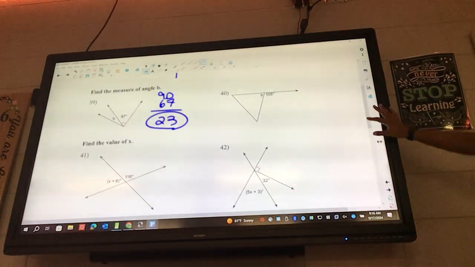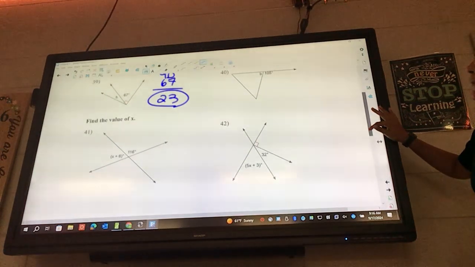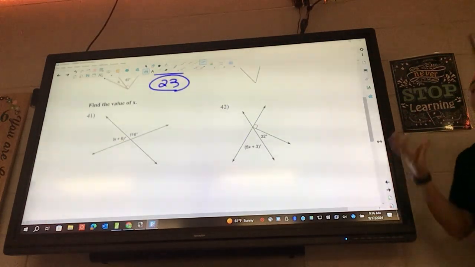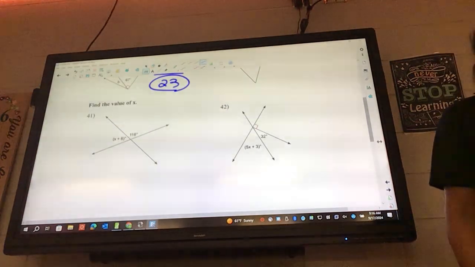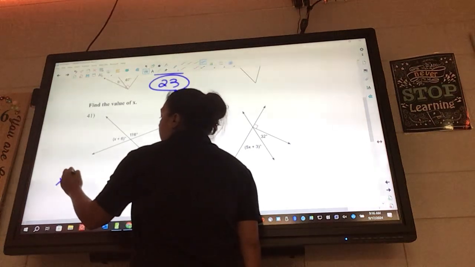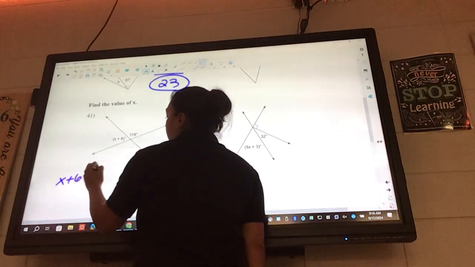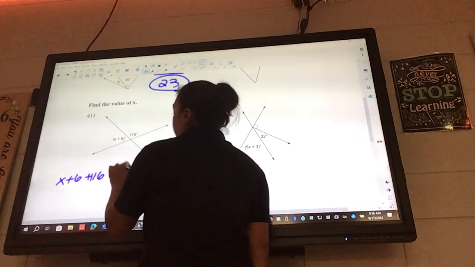Okay, and then last one, 41, is that a linear pair or complementary? It's linear, okay, and so what we need to do, we know that if it's linear, you're gonna say that two angles, so that's the first one plus the second one, and what should it equal? 180.